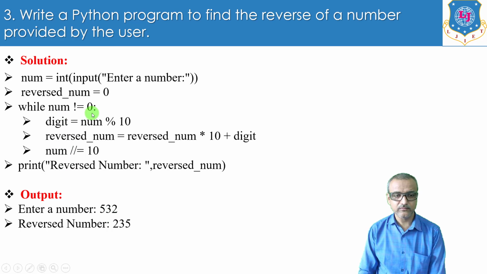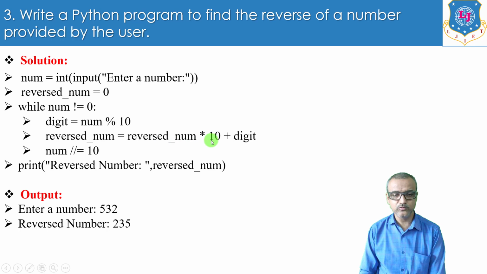Now 53 is not equal to 0. Now digit equals 53 modular division 10, so it will give you 3. So the value of digit will become 3. Now reverse_num equals reverse_num. Here the value of reverse_num is 2.